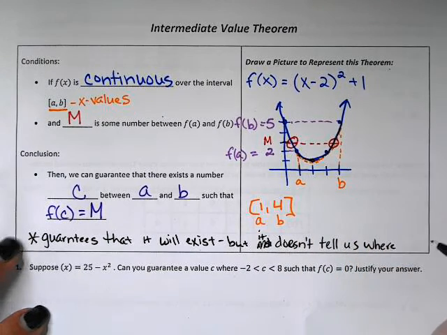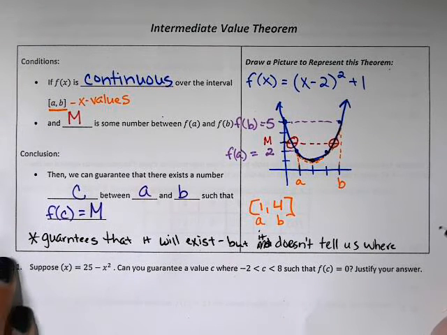So this is called an existence theorem because it tells us that it exists, but it just doesn't tell us where. It's kind of like the car, right? We knew that it had to hit every value between 20 and 60, but we don't know when it was hitting those different values, and we don't know what was going on in between. We just know that it hit them at some point.